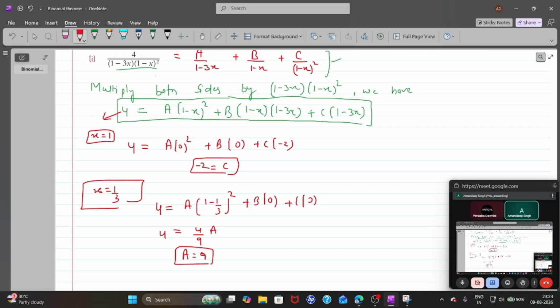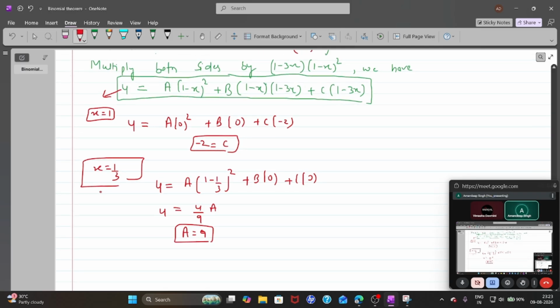And for the third one, I can put any value of x. So I will substitute x is equal to 0, because this is the most convenient value by which I can get the answer.